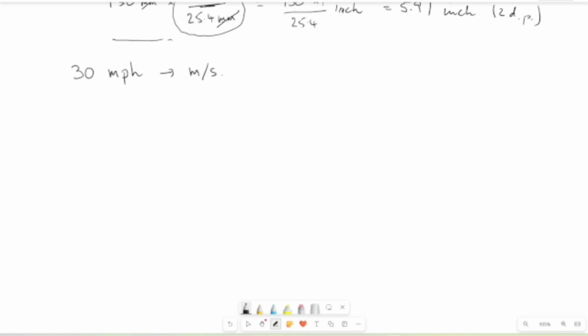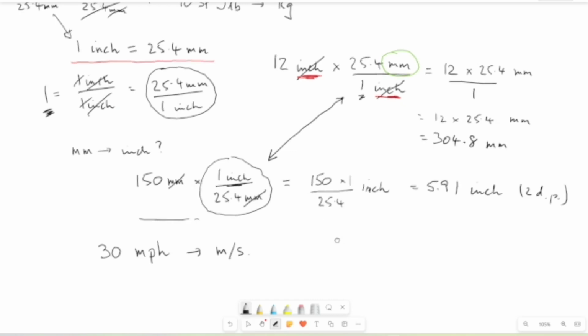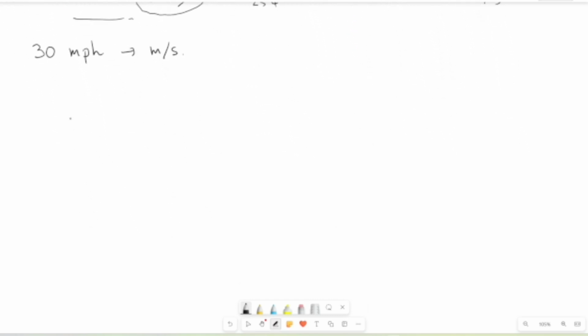And how do we go about doing this? Well, we need to get some equalities like the one we started with here, 1 inch is 25.4 millimeters. We also need to recognize that this mph is miles per hour or miles divided by hour.